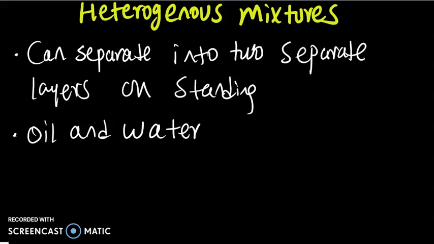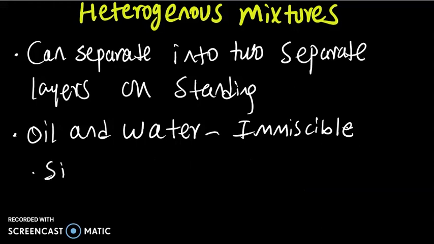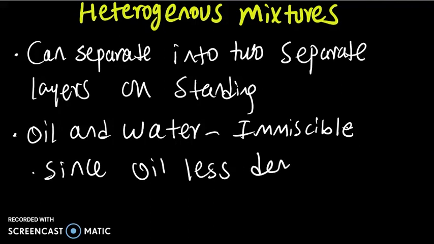This oil and water mixture is said to be immiscible in chemistry because they cannot mix very well. Since oil is less dense than water, it is going to float on top of water.